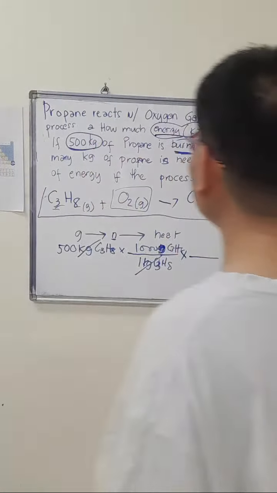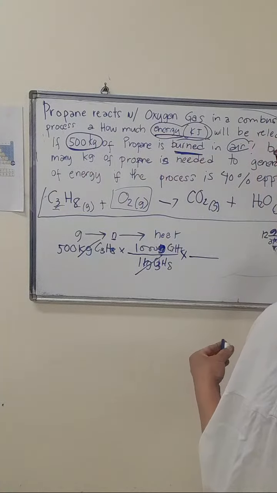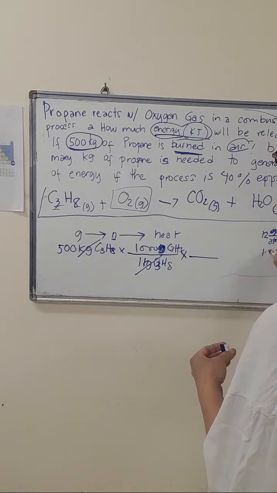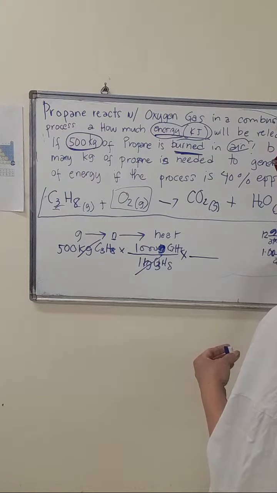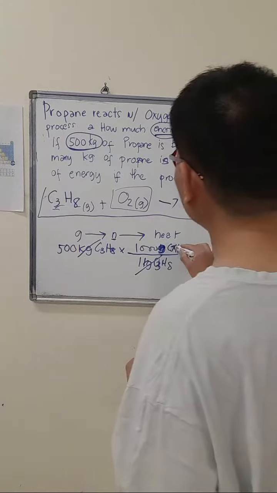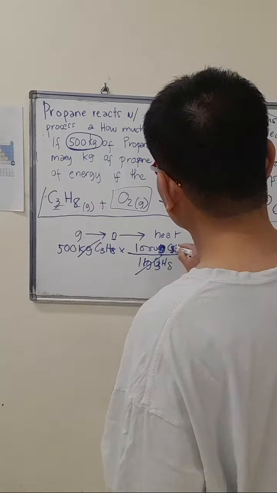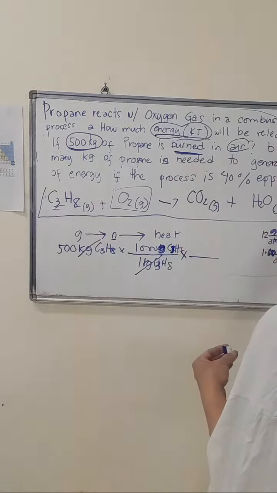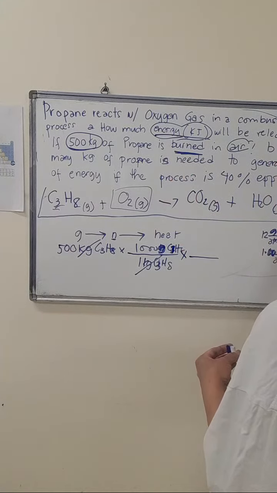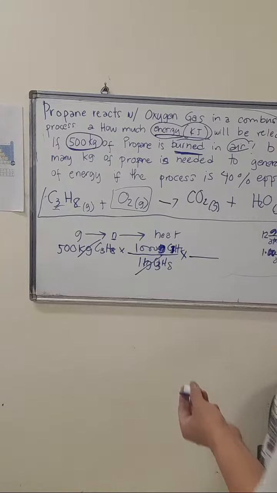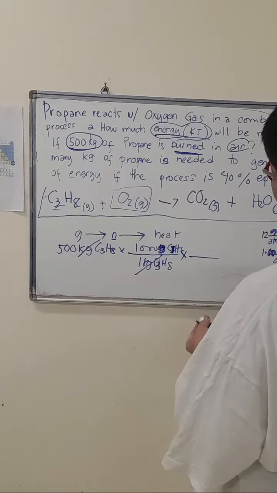And then we have hydrogen, 1.008 grams per atom. You get the point? And then 3 atoms, so 3 times 12, so 36. Since you multiply that already, it will become now the mole.